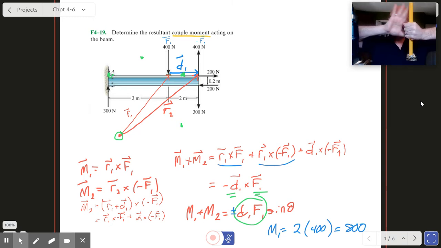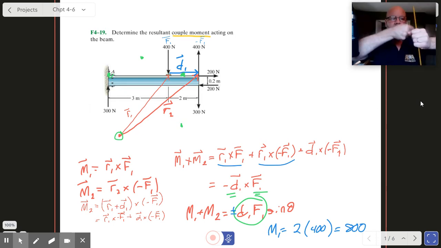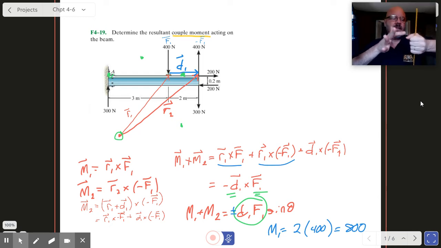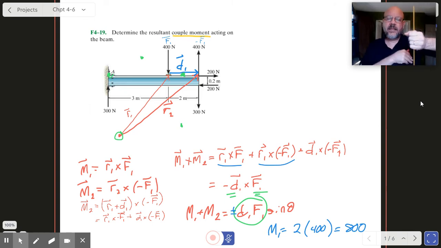And I come along and I want to turn the knob. Well, in order for me to turn the knob, I apply a force this way towards me and a force that way away from me. And we make them equal and opposite. If I add these two up, because they're equal and opposite, they're going to add to 0.